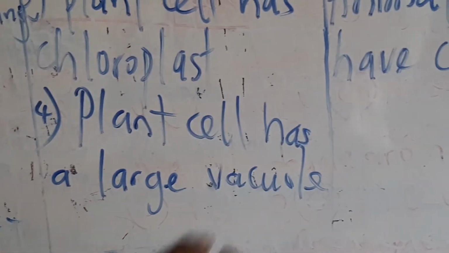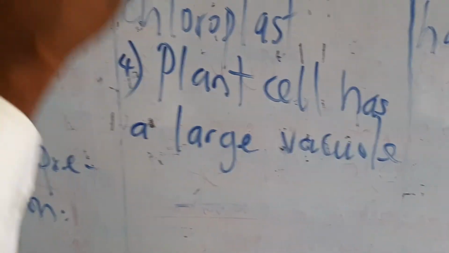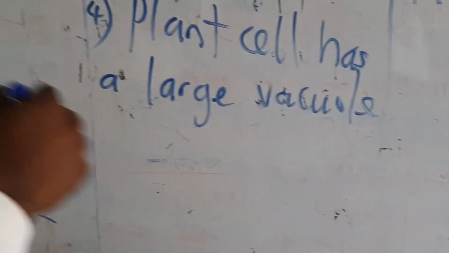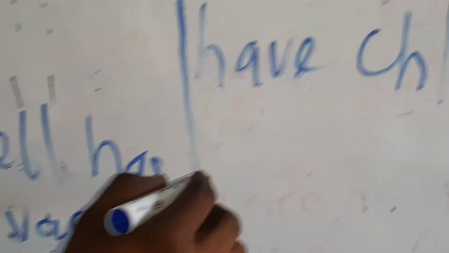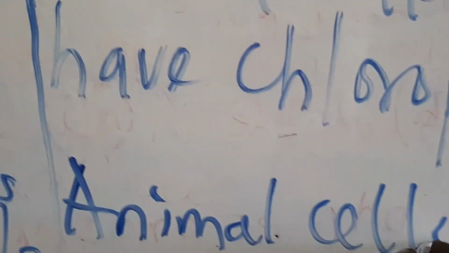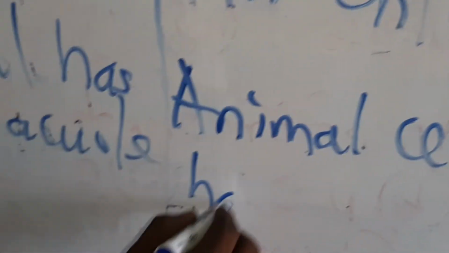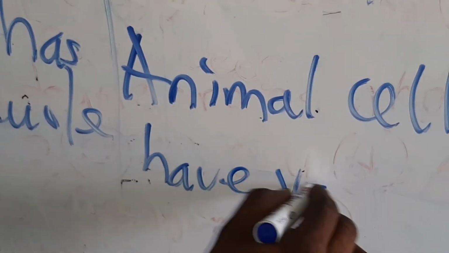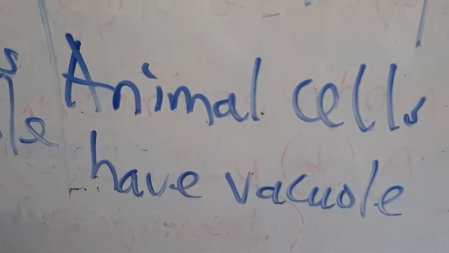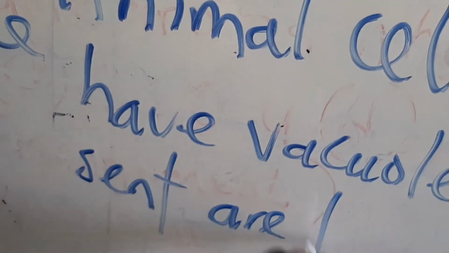Vacuole, V-A-C-U-O-L-E, not vacuum. Animal cells don't have vacuole. If present, they are tiny.